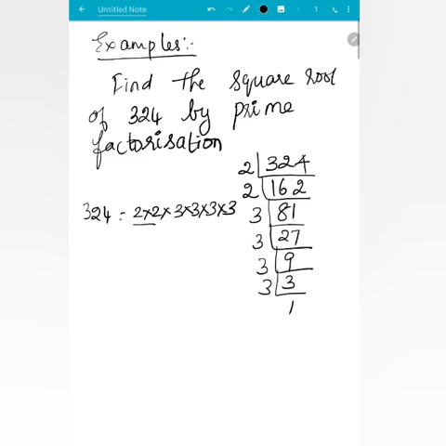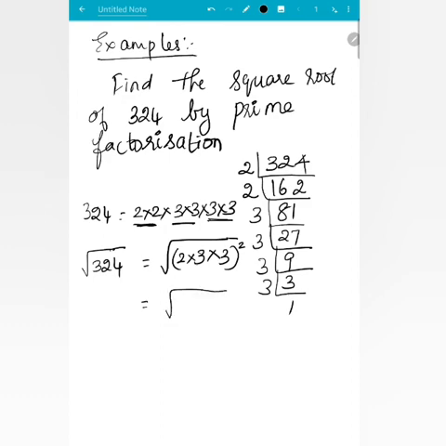See, there are pairs of numbers, isn't it? So you take the square root of 324 and write the square root symbol. For that pair of 2s, one number is enough. For this pair of 3s, one is enough, and for this pair also one is enough. So now 2 into 3 into 3, that is the square.